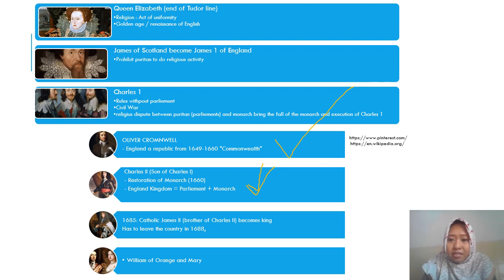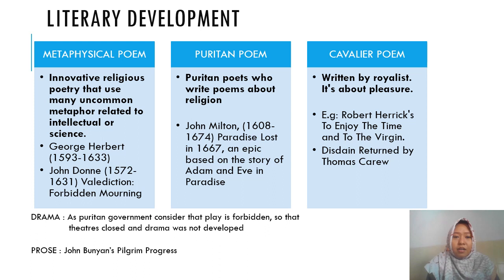The Restoration is the coming back of the monarch to England. Then after Charles II came James II, and then King William and Queen Mary. Okay, that is the historical background of the Puritan era.